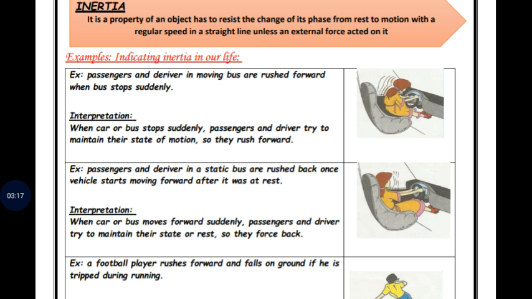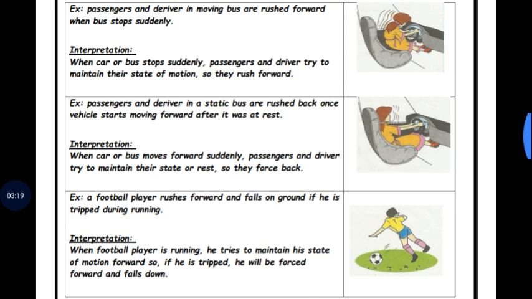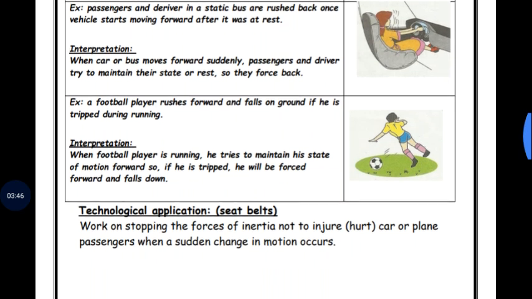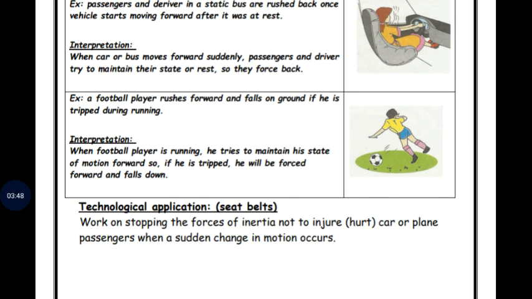In the second example, when the static bus starts to move forward, the passengers and the driver rush backward to maintain their state of rest. The third example: the football player rushes forward and falls on the ground because he maintains the state of motion.